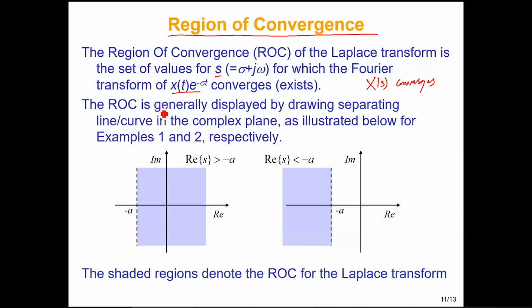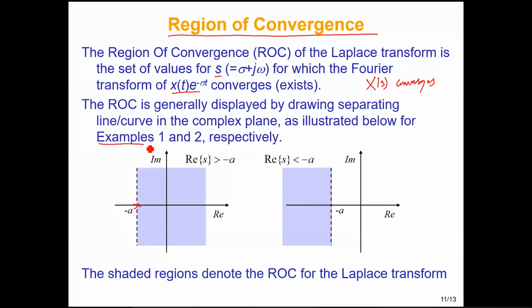And how do we actually find the region of convergence? We can display it by drawing a line parallel to the jω axis passing through your pole, as I mentioned, and the region of convergence will be either the right hand side or the left hand side of this boundary. This pole and the line passing through it actually defines the boundary.